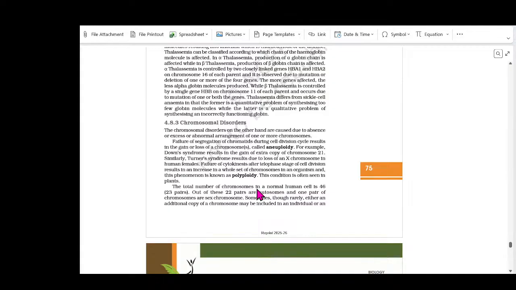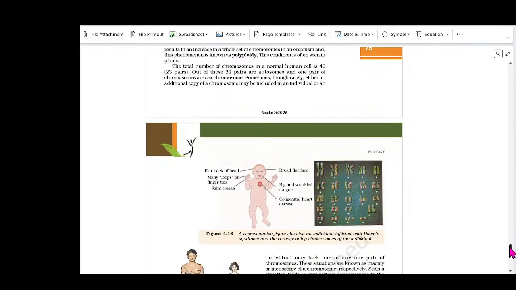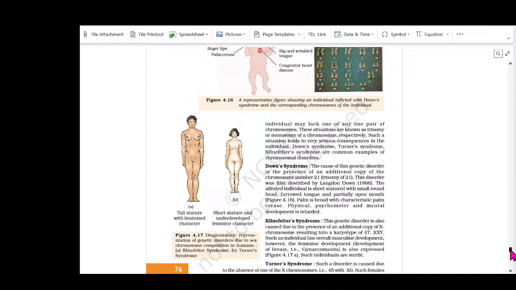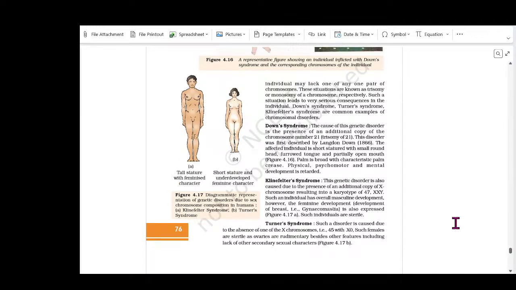The total number of chromosomes in a normal human cell is 46, or 23 pairs. Out of these, 22 pairs are autosomes and one pair of chromosomes are sex chromosomes. Sometimes, though rarely, either an additional copy of a chromosome may be included in an individual, or an individual may lack one of any one pair of chromosomes.